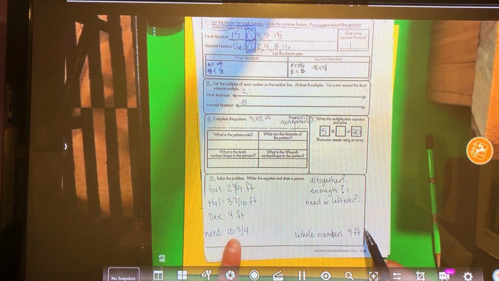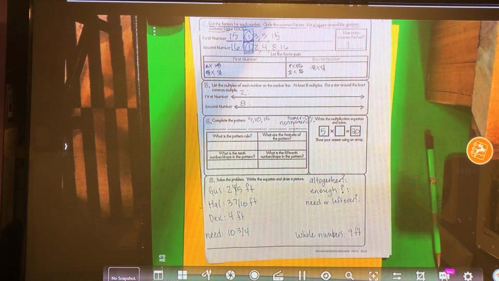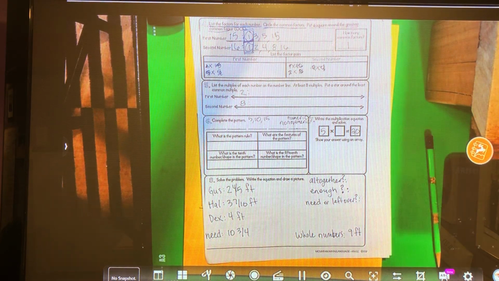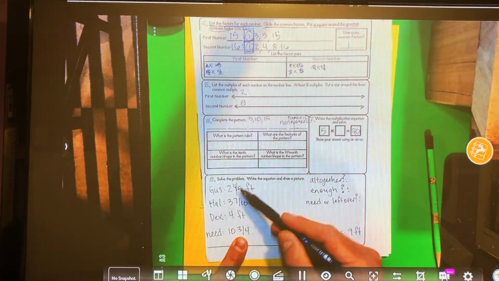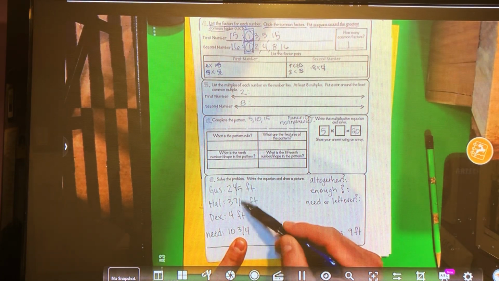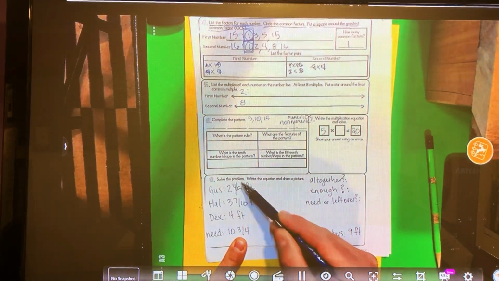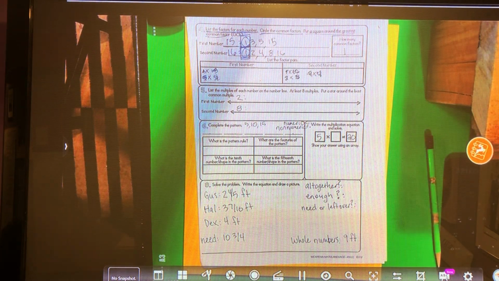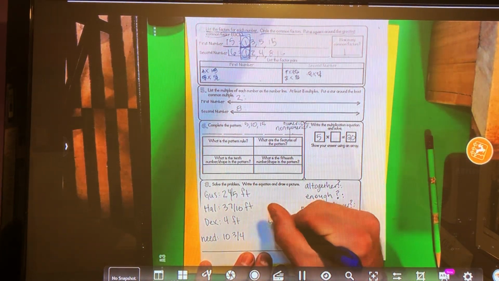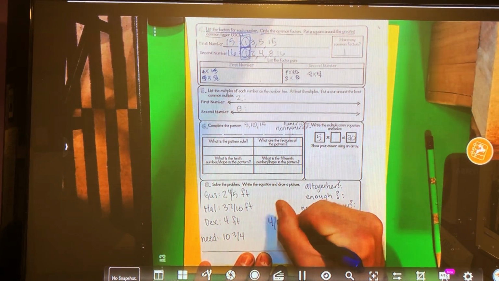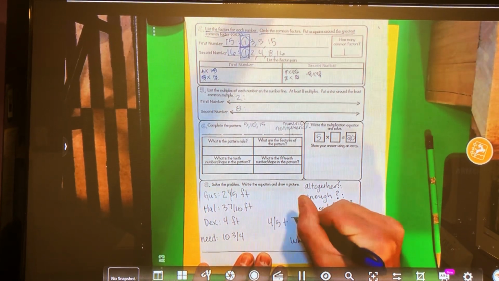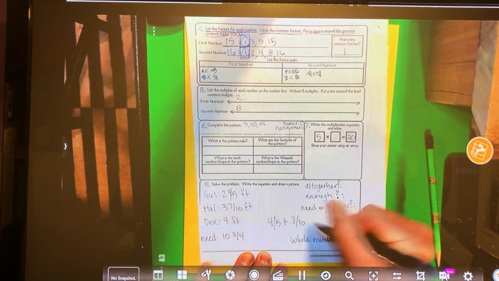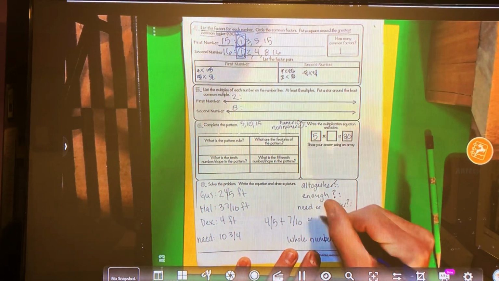Okay, they need 10 3/4. So do we have 1 3/4 worth of rope tucked into our fractions? Okay, so 4/5 and 7/10 are the fractions that we're dealing with.